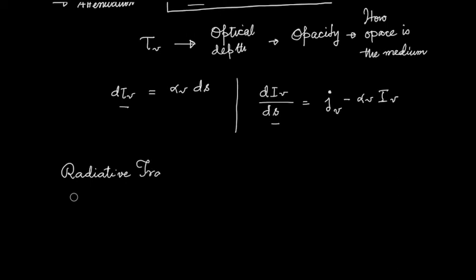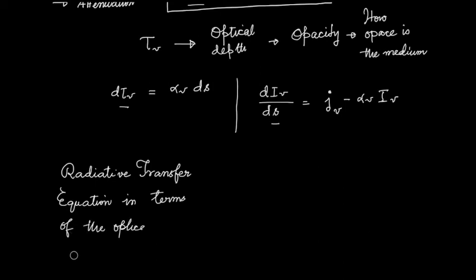So now I am trying to write down the radiative transfer equation in terms of the optical depth. I replace ds by d tau, so I get alpha nu ds.